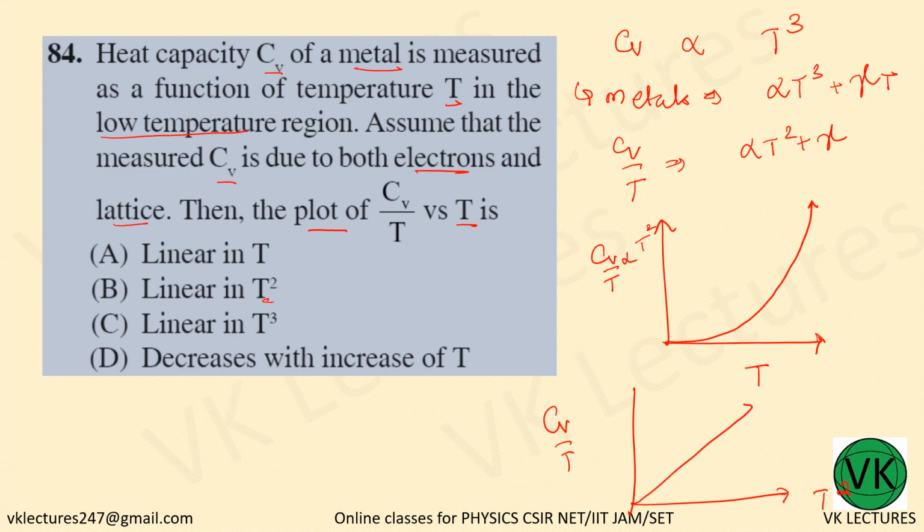Then you get a linear graph, a straight line. So this is linear in T squared. If the x-axis were T, this would be the graph. Okay, so you can keep it linear in T square.